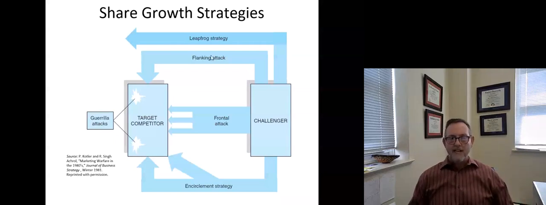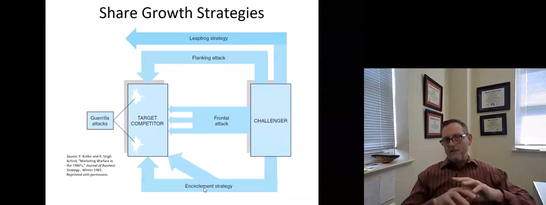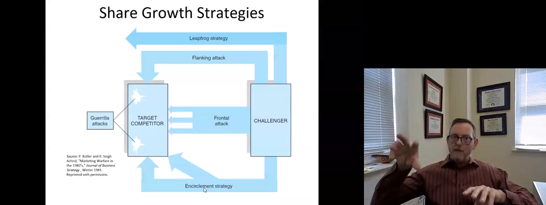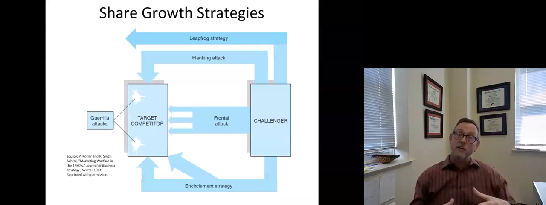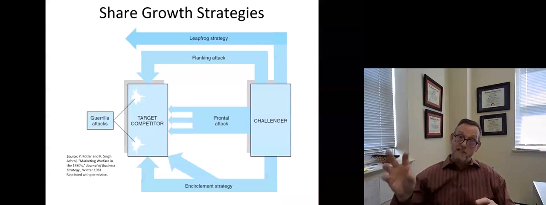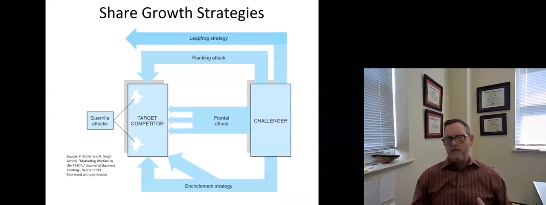Typically, flanking attack looks for customers that are already within that market segment that are being underserved, that are ripe for taking. The encirclement strategy deals with finding a new market segment that's closely related to the market segment that your leader is currently serving, but distinctly different from it. It may be similar to the leader's version of finding a new market segment.